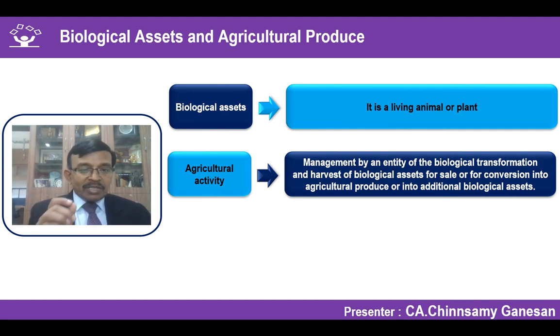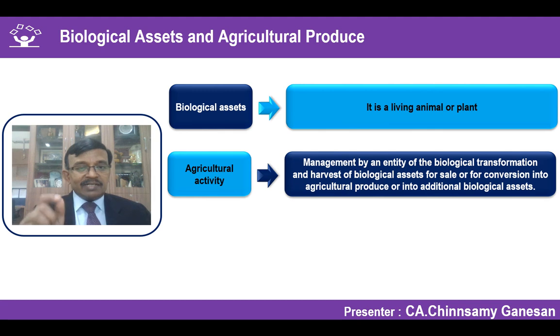It is very important because I have a forest, there automatically plants are growing, no management of biological transformation is happening. That means I am not putting any manure, I am not doing any irrigation, automatically it grows, and I am felling the trees.